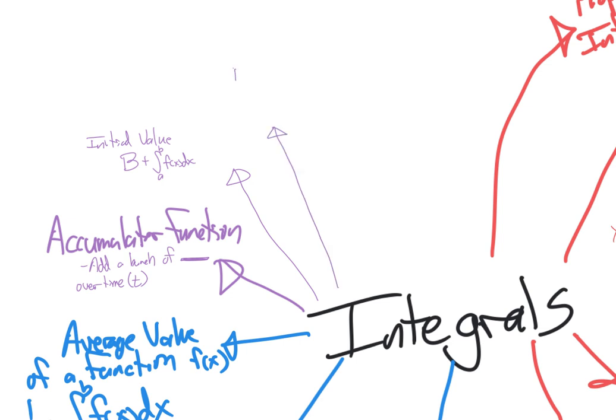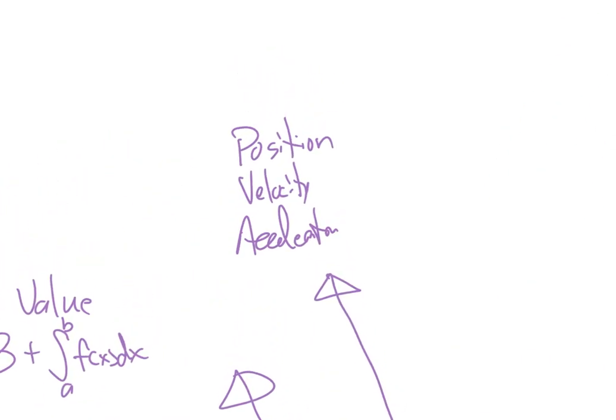A specific one that I'd like to talk about is position, velocity, and acceleration. So if we do the derivative of position is velocity, derivative of velocity is acceleration.